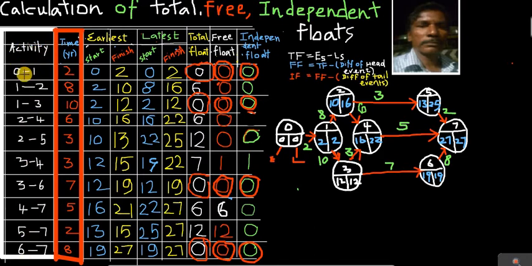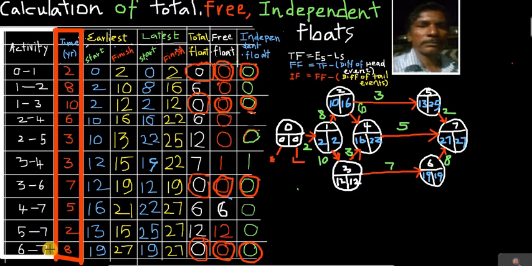Now these are the activities given to us. The first activity is 0 to 1, second activity is 1 to 2, third activity is 1 to 3, and this is 2 to 4, 2 to 5, 3 to 4, 3 to 6, 4 to 7, 5 to 7, 6 to 7. And these are the corresponding times taken for these activities. To complete the first activity, 2 years are needed. To complete the second activity, 8 weeks is enough, like that.